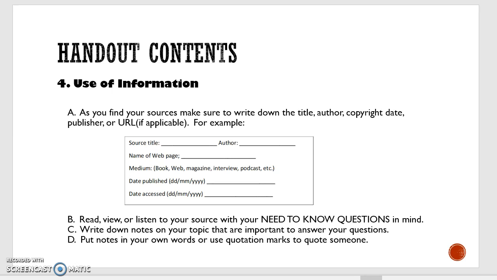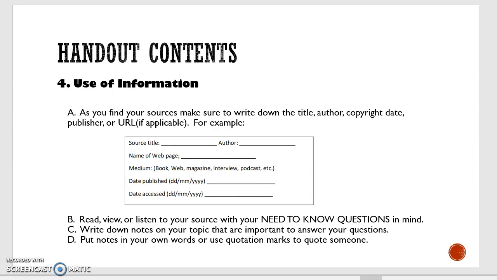Once you have your resources at hand, it's important how you use the information. So when you are taking notes, write down the title, author, copyright date, the publisher if you're using a book, or the URL if it's applicable. Also, if you access the website, include the date accessed. On your handout, you will see a little text box to show you some of the information that you need to collect.